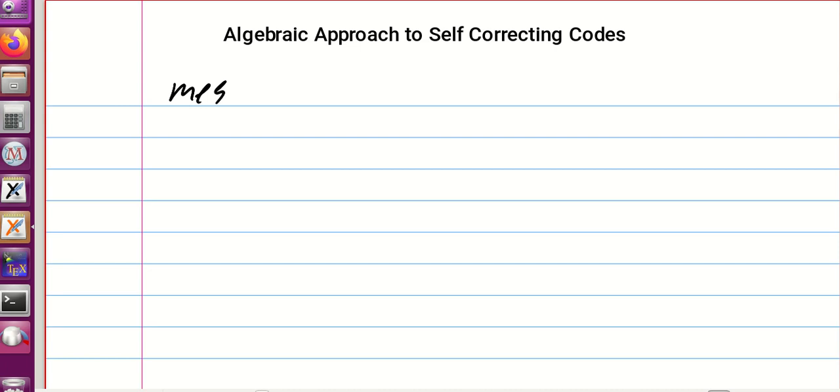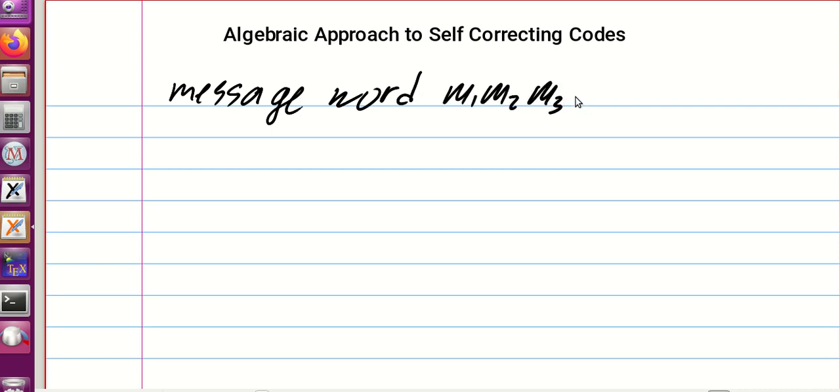So what do we have? We have a message word which consists of M1, M2, M3, and M4. And we have check digits C1, C2, and C3.